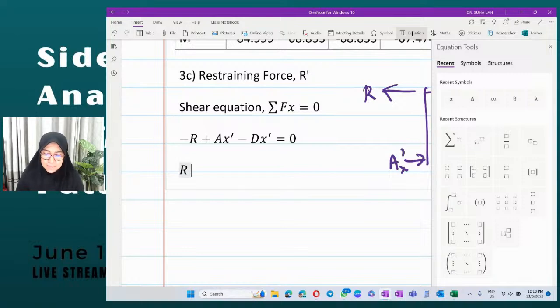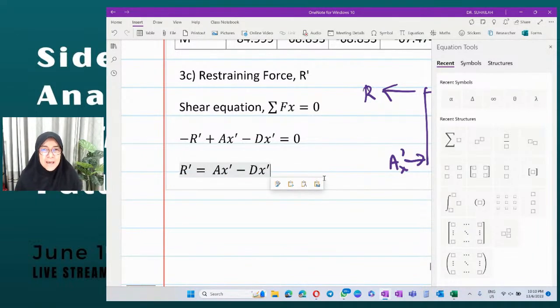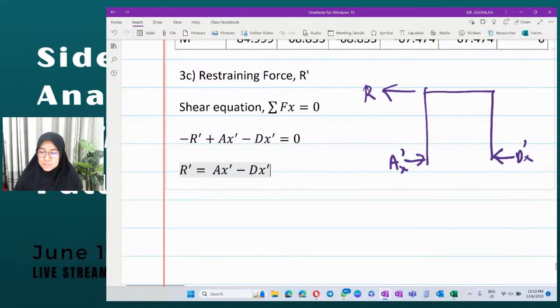This is R prime, sorry, R prime, not R. So R prime equal to, bring R to the other side, we get AX minus DX. So this is the shear equation, AX minus DX.